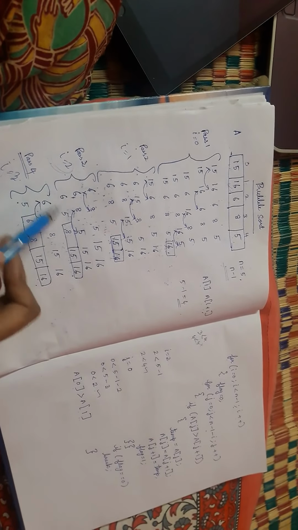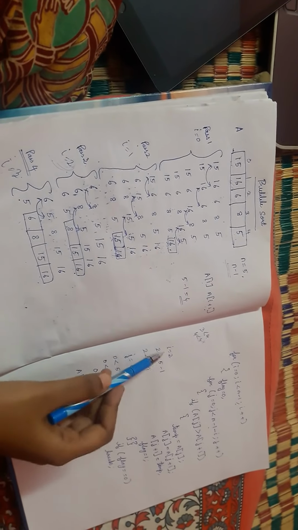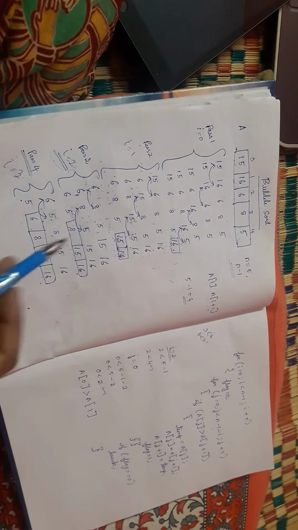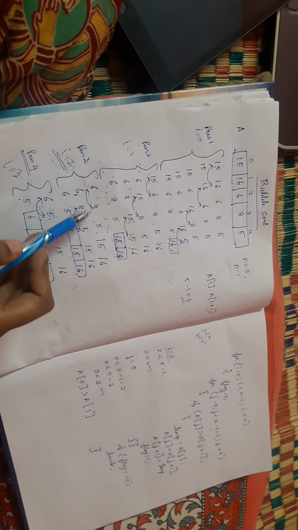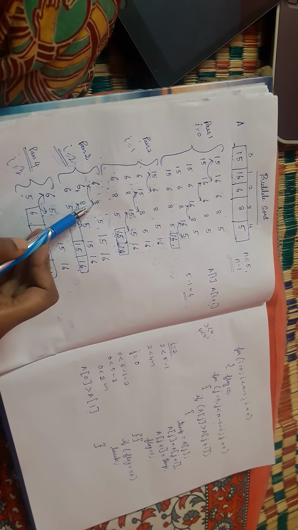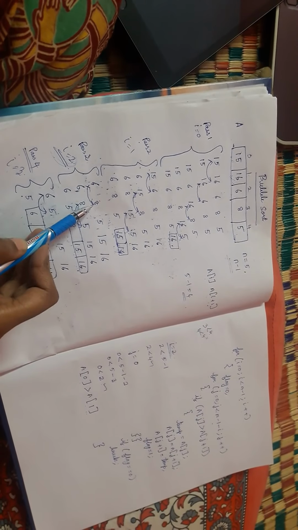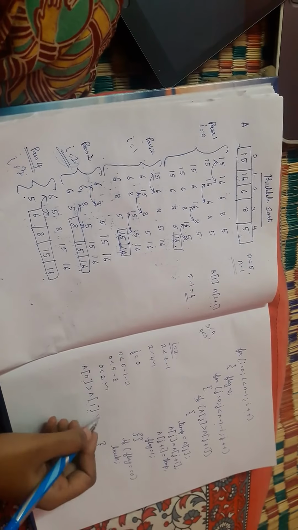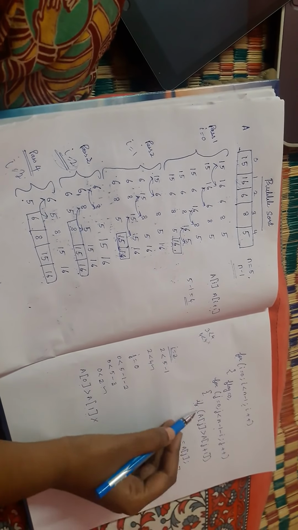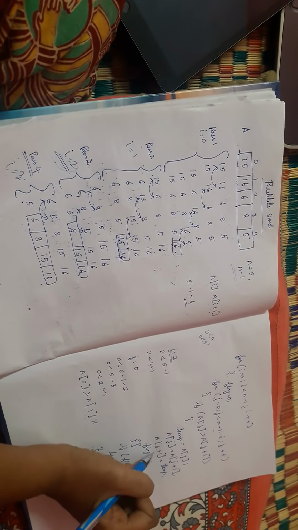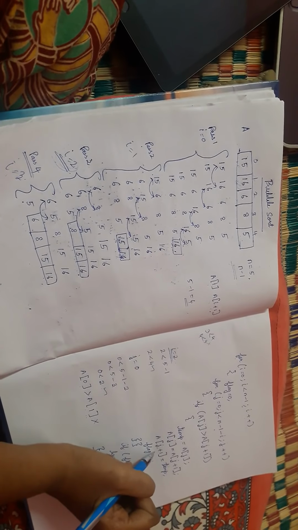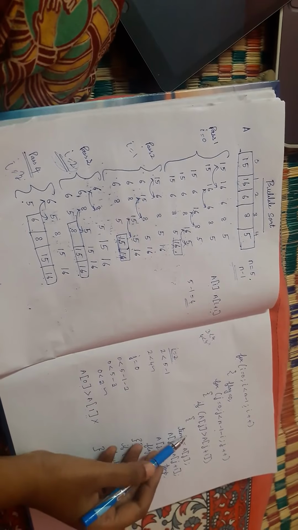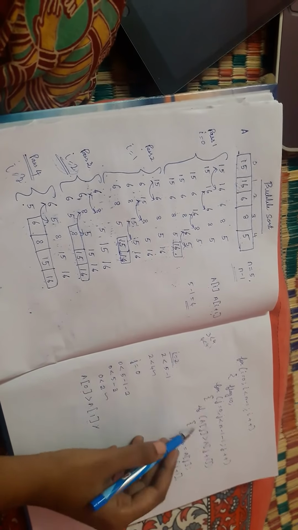Here, I said we took the i value as 2 for this pass. Now, is a of 0 greater than a of 1 true? No, a of 0 is less than a of 1, so this condition fails. If the condition fails, we cannot enter this if block, as I said before in the earlier sorting algorithms.